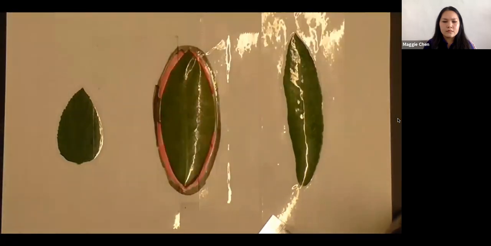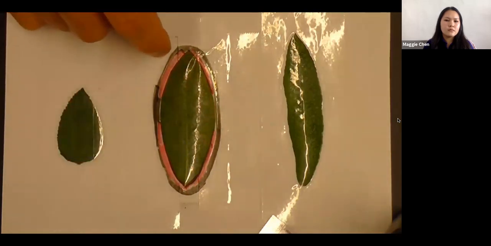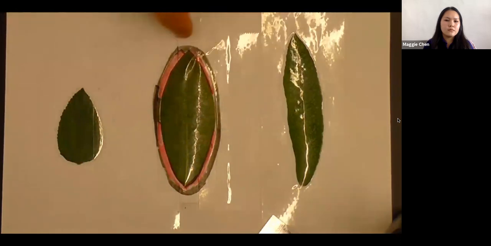In contrast, here is an oval shape that I've drawn around the leaf using its length and width measurements. It's not a perfect oval, but as you can see, there is much less red shaded area between the oval and the actual shape of the leaf itself.